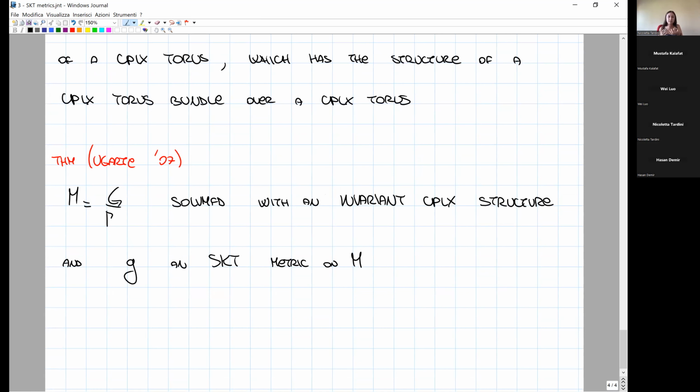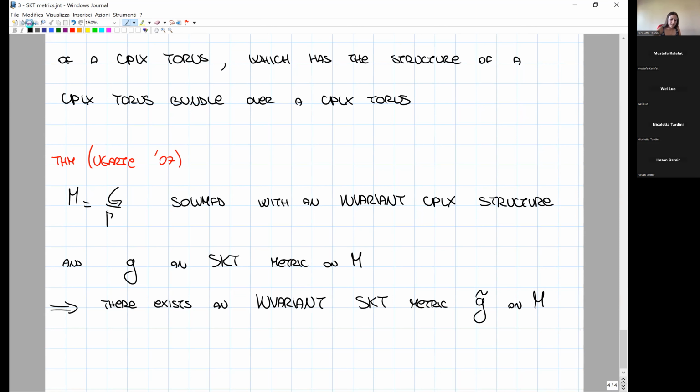I'm not assuming that this metric comes from the Lie group, I mean, from a left invariant metric on the Lie group. Then Garthe proved that there exists an invariant SKT metric, let's say g tilde, because it will be a different metric on the manifold.